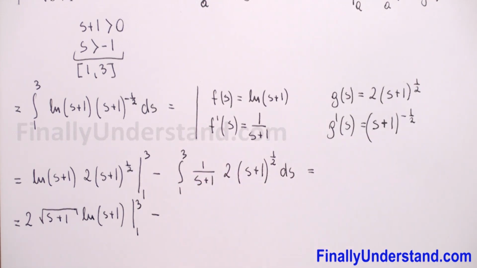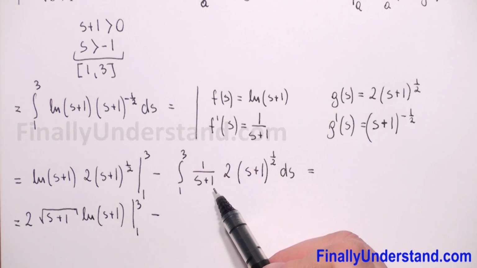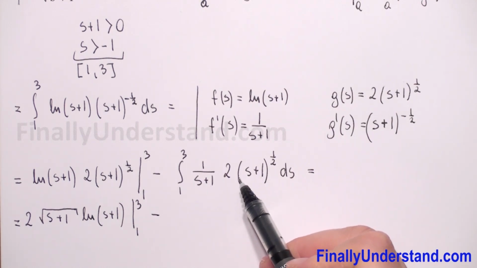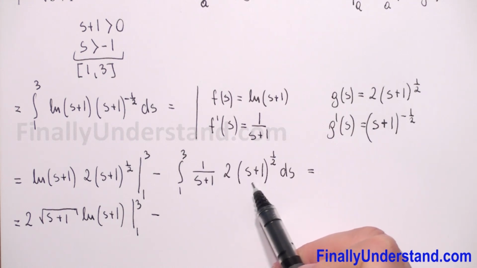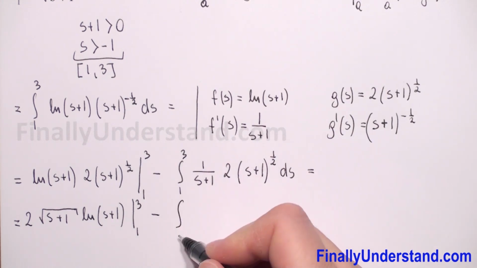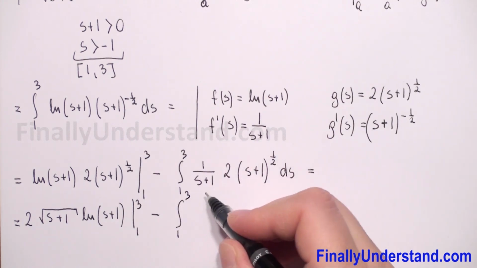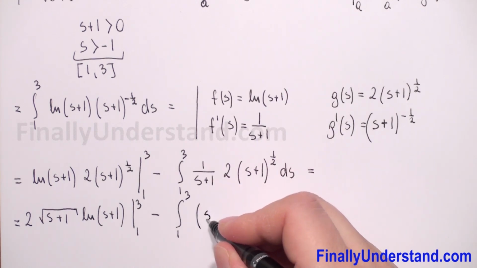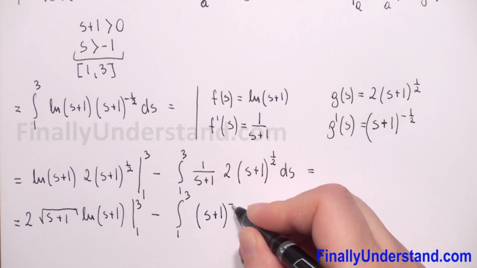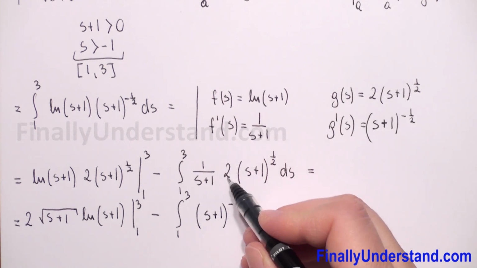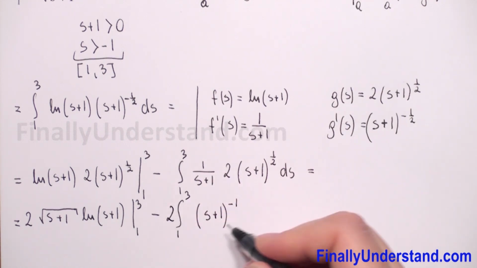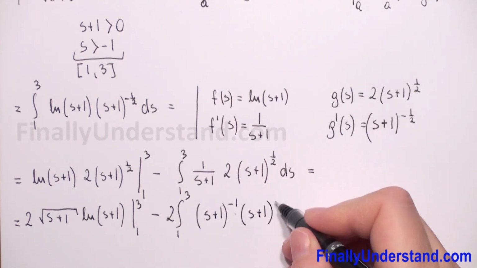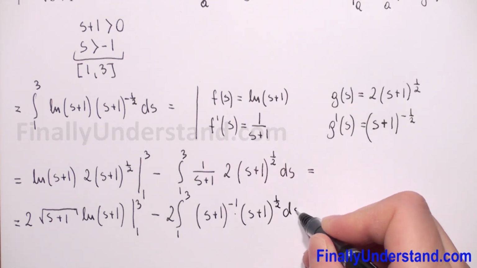And we have minus, because we have here in the limit of s plus 1, it's the same expression which we have here. So we will change, we have integral from 1 to 3, this fraction to power form, so it will be s plus 1 to negative 1 power, and we can take this constant before integral symbol. We have times s plus 1 to power 1/2 with respect to s.